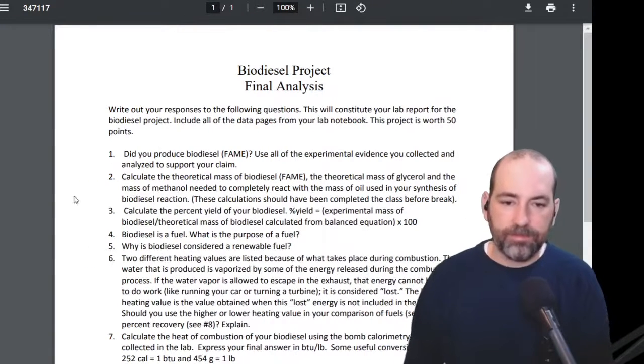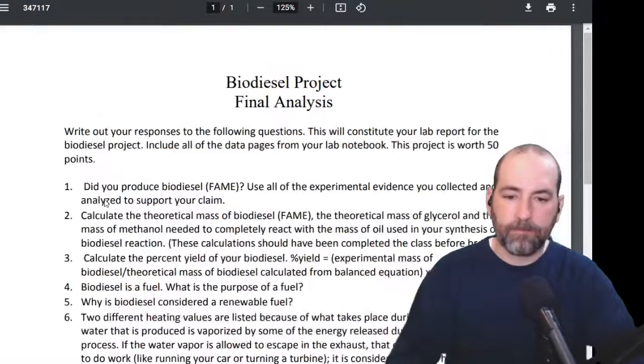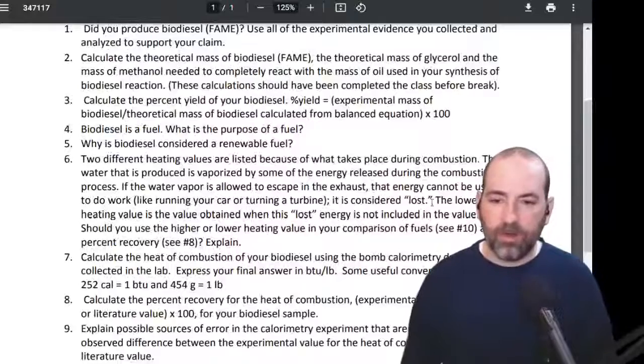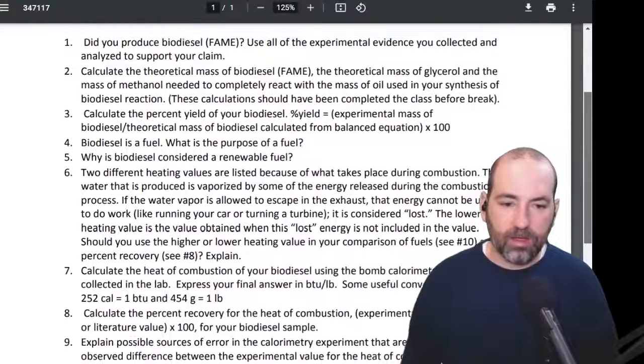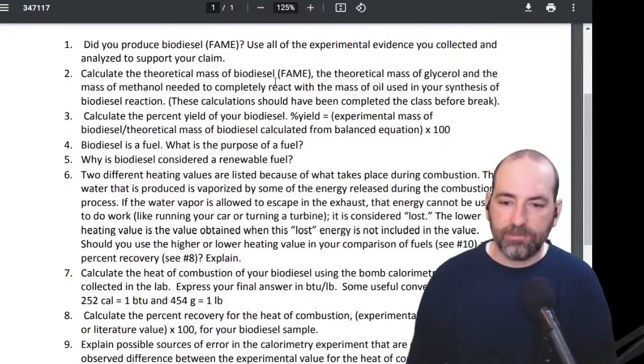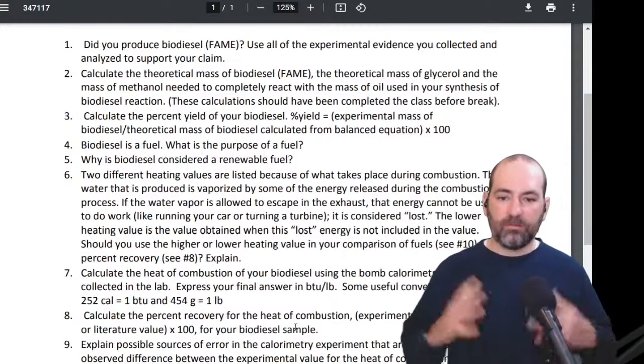Make it a little bigger here. All right. So from last week, I haven't made it through all the grading yet, but assuming things went okay, you had turned in your calculations. This week, you need to put them all together in this document.